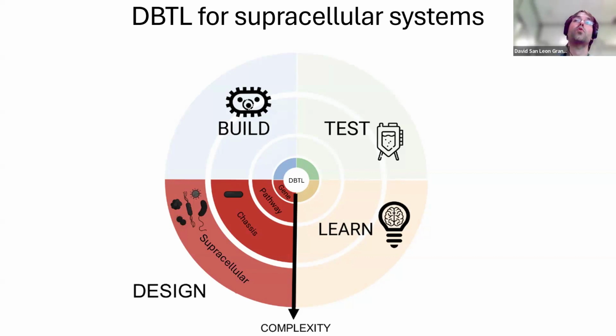You start, of course, to optimize genes for the specific function, later the pathway, later the chassis that has to be included in the pathway, and at last the interactions between the species that you want for the microbial consortium. So the number of variables that you should test is much, much higher than for a single one.